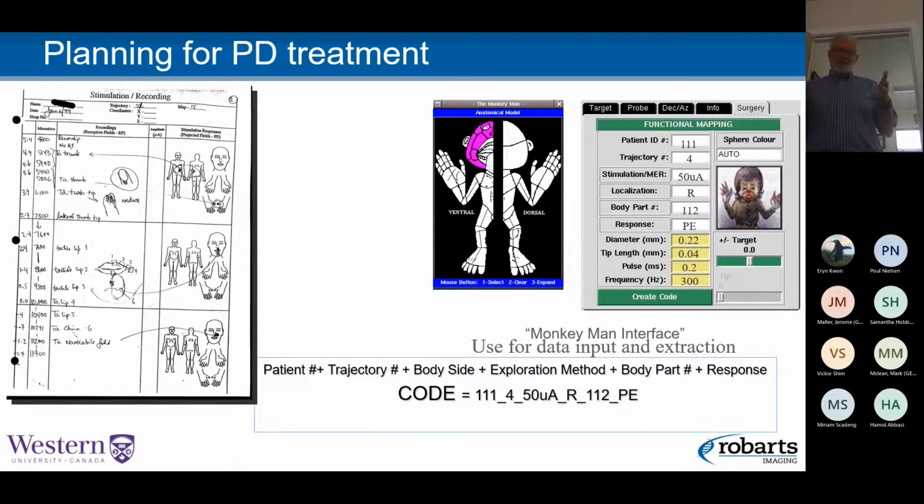We developed this platform into a quite sophisticated program that allowed neurosurgeons to record both the effect of stimulating various parts of the brain and what happens when you stimulate them.